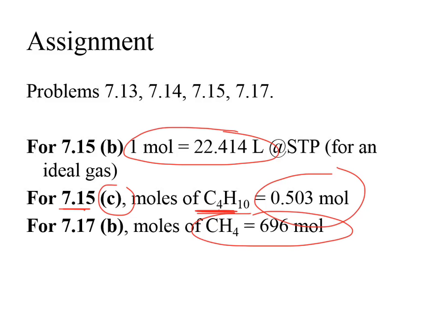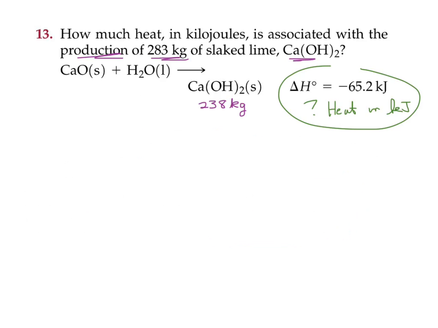So let's take a quick look at them. Okay, so for this one, I've kind of diagrammed it for you. It's very similar to the one we just worked. Notice it's exothermic, and it says that the product, the calcium hydroxide, Ca(OH)2, you're looking at how much energy is released in kilojoules if you produce 238 kilograms of that.